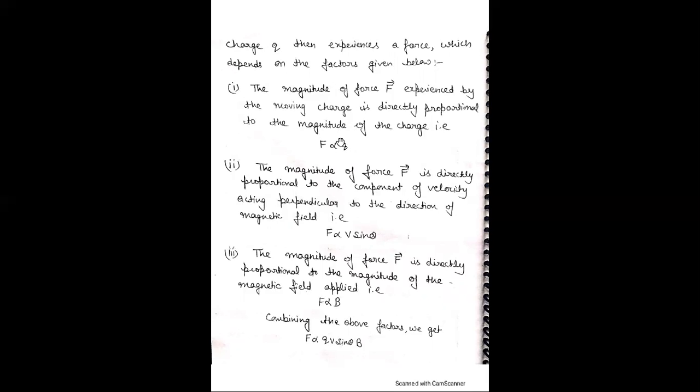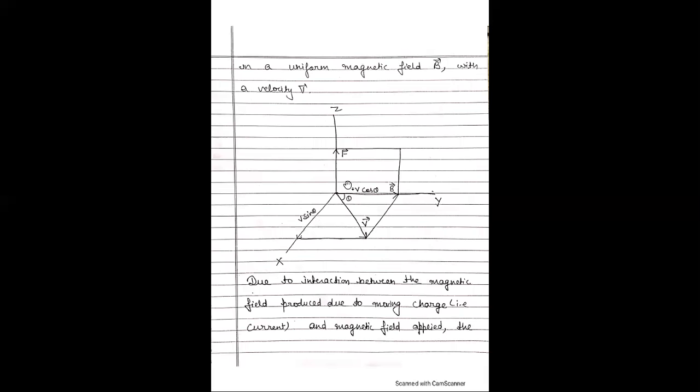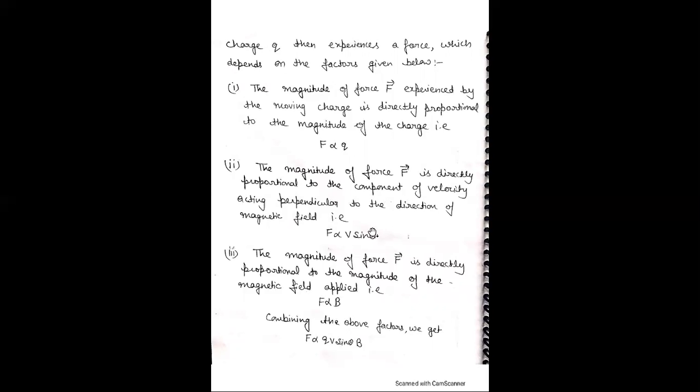Next, the magnitude of force is directly proportional to the component of velocity v sin theta acting perpendicular to the direction of magnetic field, that is F is directly proportional to v sin theta.